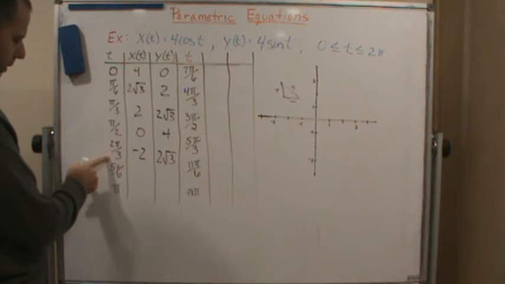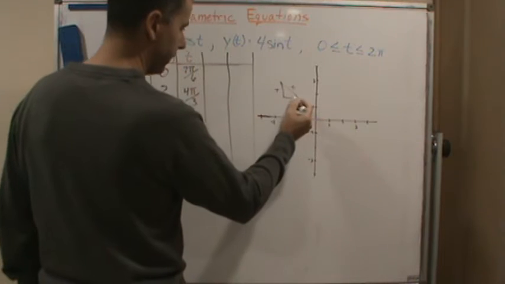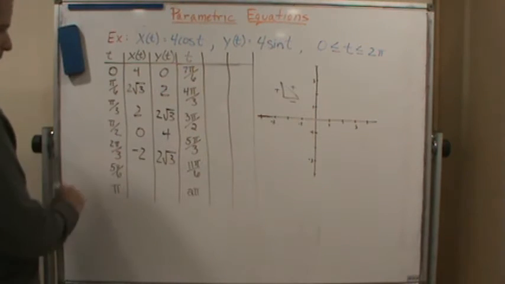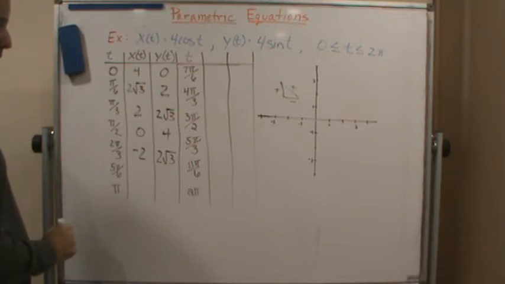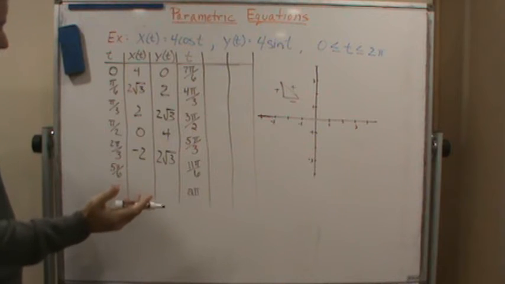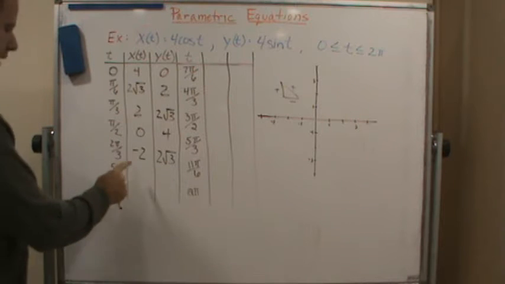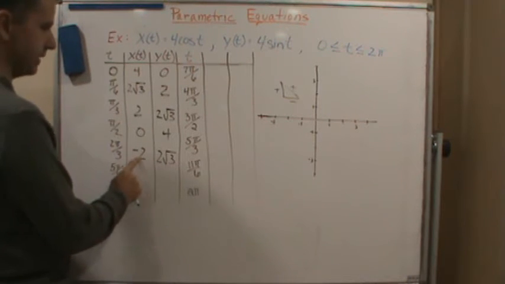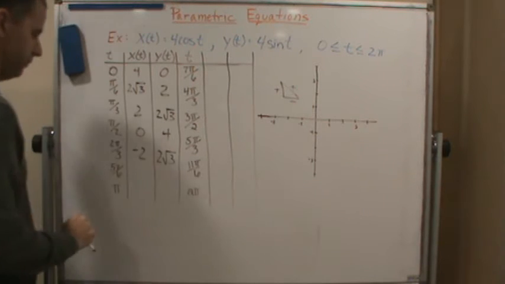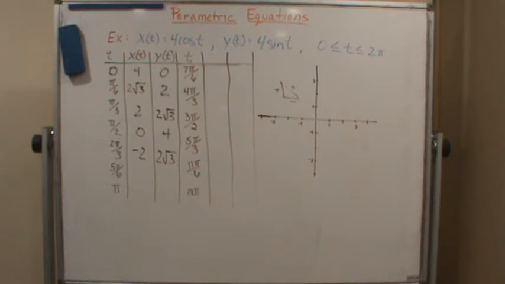The angle here is 2 pi over 3, right? But this reference angle here is going to be pi over 3, which is going to give you a 60-degree angle, okay? And so you get these results. Notice this is negative because this is negative. So again, draw your triangle in the appropriate quadrant and then use your definition of trig.